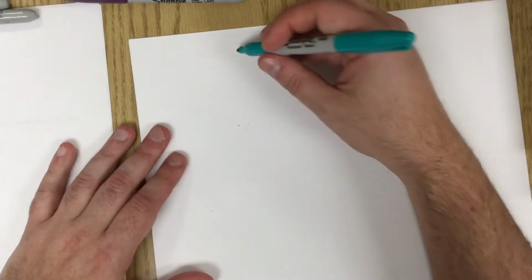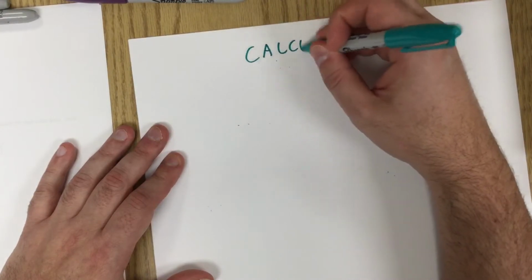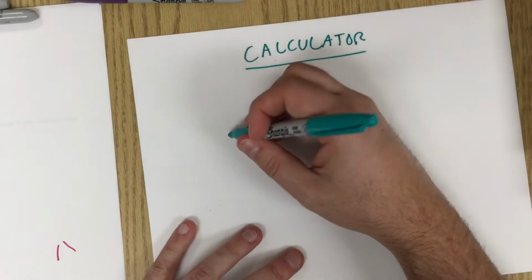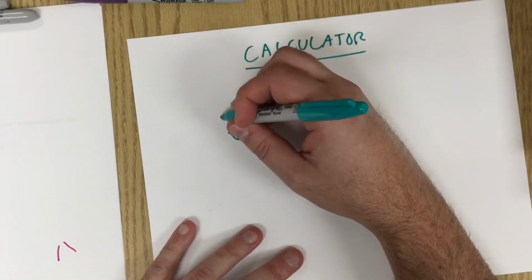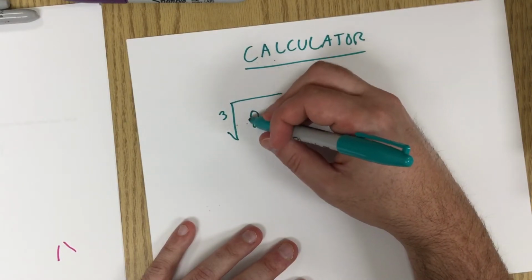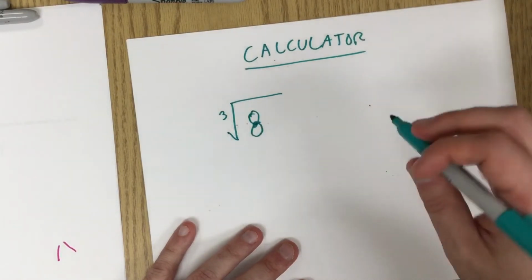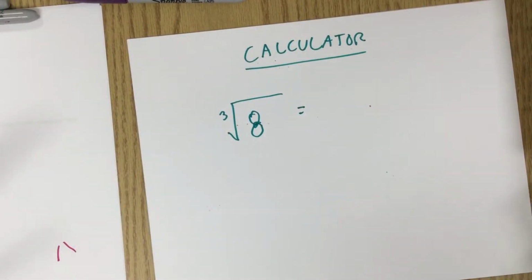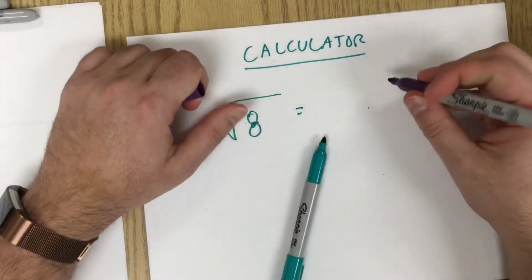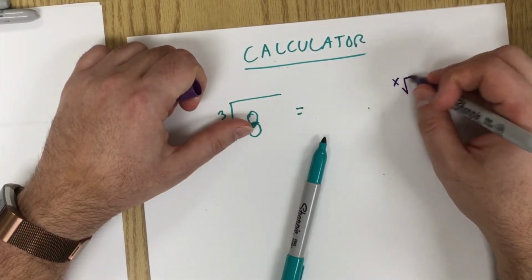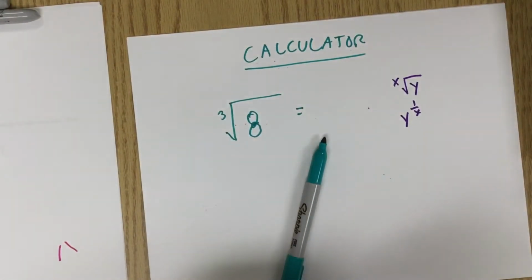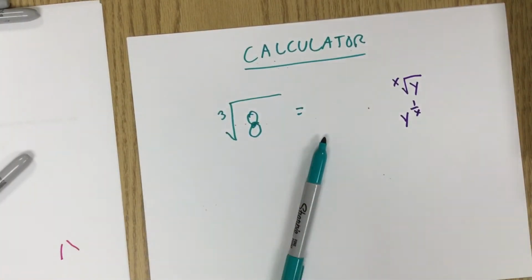I'm going to pause slightly here. So say with the calculator, if I wanted to type in the third root of, say, 8, and I don't want to use that special button, depending on your calculator, there might be a different button you could use. It may look like something like this, or it may look like this, or usually one of those two.